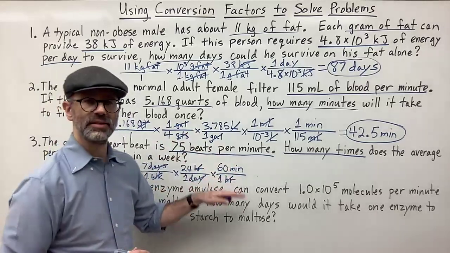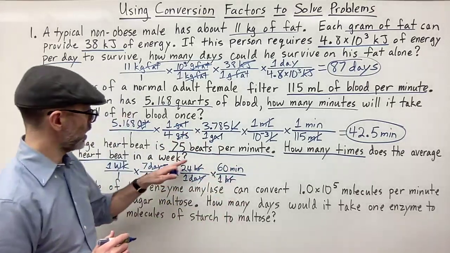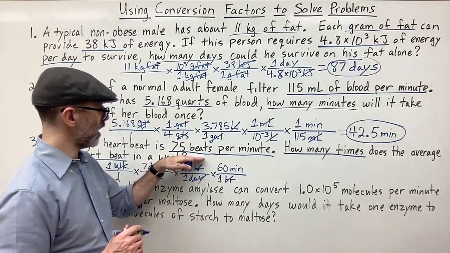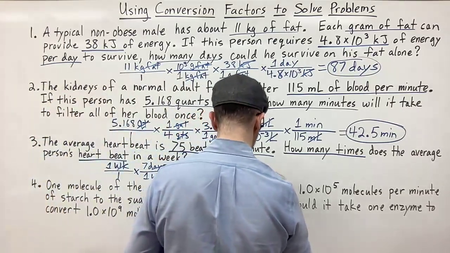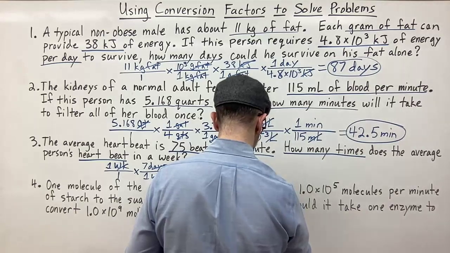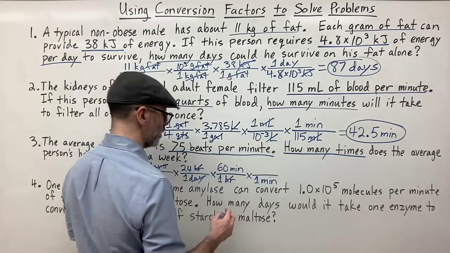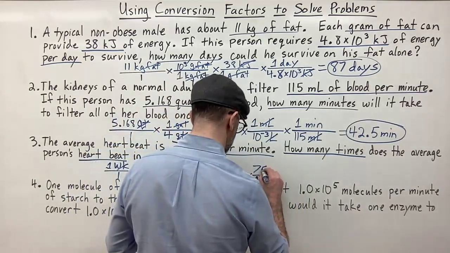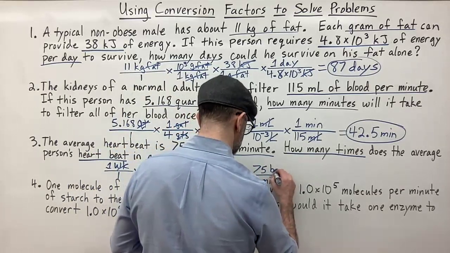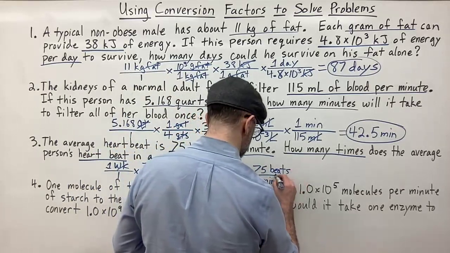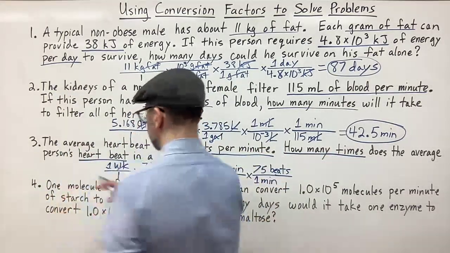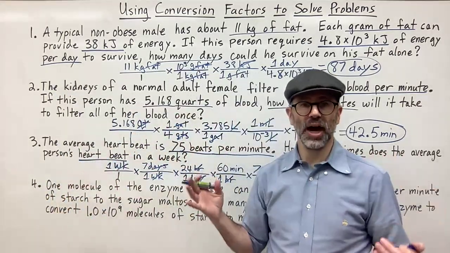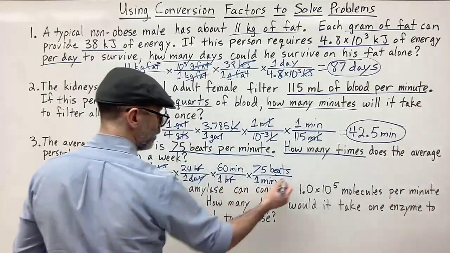I have minutes. Now all I need to do is use my conversion factor, 75 beats per minute. So I'm going to put minutes on the bottom: 1 minute on the bottom and 75 beats on top. That's heartbeats. How many times does the average person's heart beat? We've got the right thing on top.